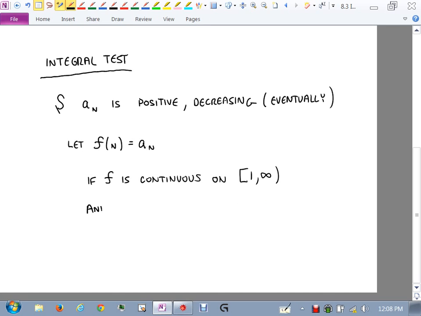And if f is readily integrable, what that means for us is basically you can integrate it. Then here are the results of the integral test. These are the main results.